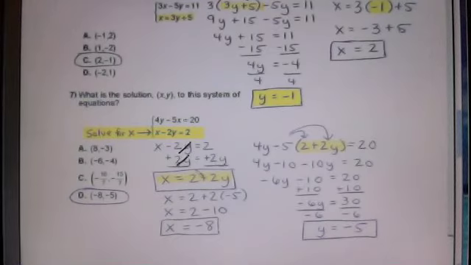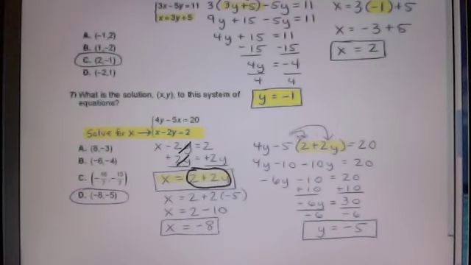Now that I know the value of x shown here, I can substitute that into the first equation. So I've got 4y minus 5, replace the x with the 2 plus 2y, equals 20. So that's what I've demonstrated here. So in parentheses, put the 2 plus 2y.